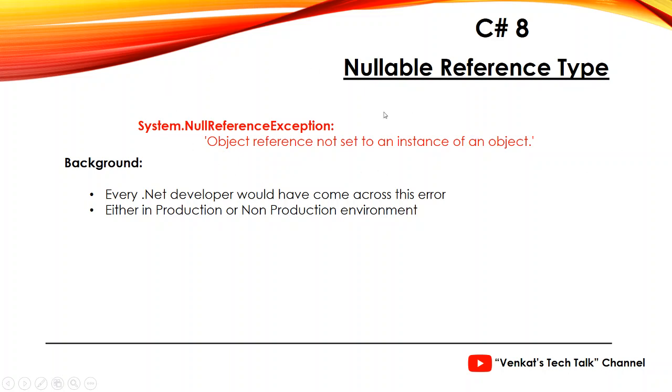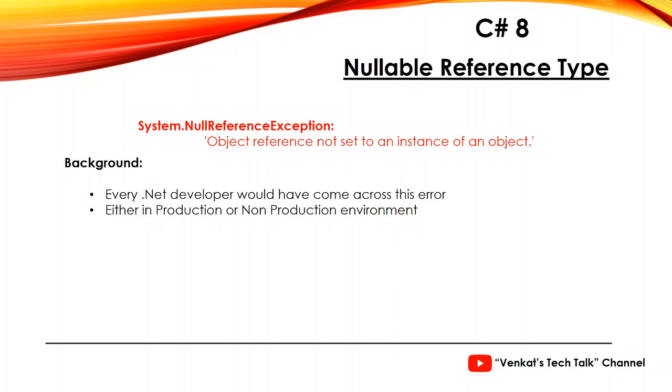Before we see how it is trying to resolve it and what it is trying to do, let us really understand why, with a sophisticated language, we are seeing this error. Why is there no way other than C# language 8 to have control over this kind of error, and why does it occur?